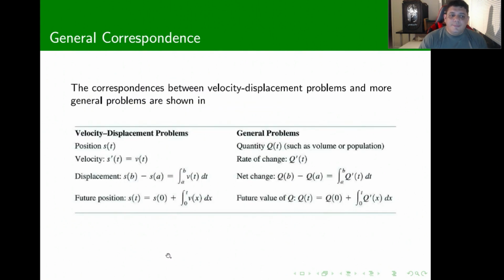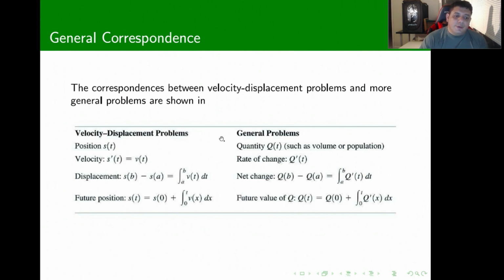So in summary, there is a correspondence between velocity, displacement, and acceleration problems. In a more general way, you can consider that as net change over a certain quantity, or a future value for a specific quantity or function that is representing a change.